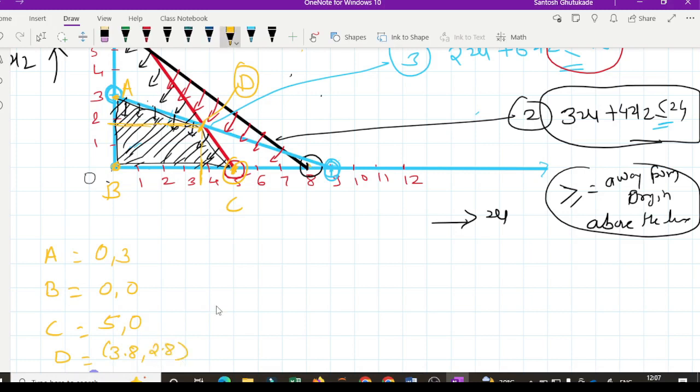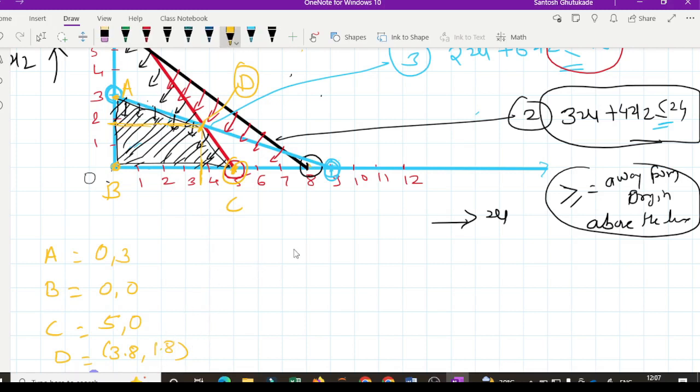If you draw on graph paper, you will get the exact point. Approximately I have taken 3.8 and 1.8, sorry, not 2.8, below the 2.